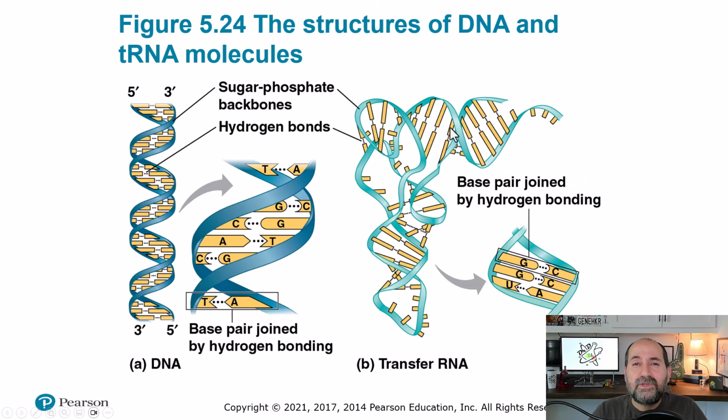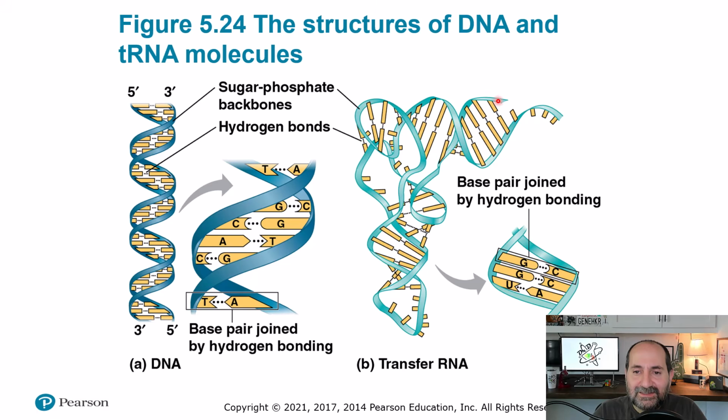Now, you might be saying, but Dr. D, I thought you said RNA is single-stranded, so how can it pair up? Why do A's pair with U's or G's pair with C's? Well, a lot of times, yes, RNA is single-stranded, but look what it can do. This is an example of a single-stranded RNA which folds onto itself and base pairs with itself.